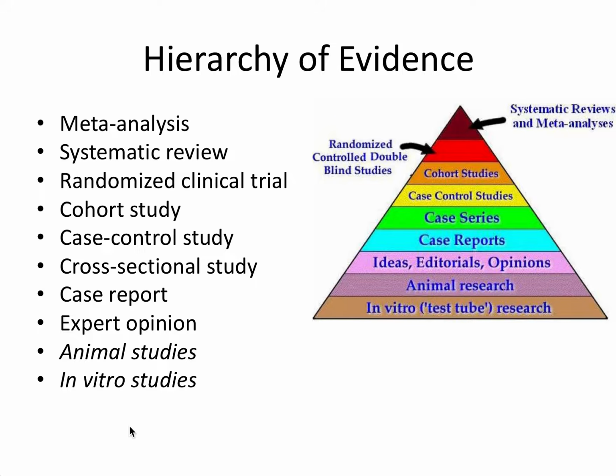And finally, at the bottom, animal studies and test tube, lab bench, in vitro studies. And these two are not nearly as clinically relevant as the others, hence why they're italicized, because you're not using a human model. So they're at the bottom of the hierarchy. And we're going to cover most of these in the next couple slides.